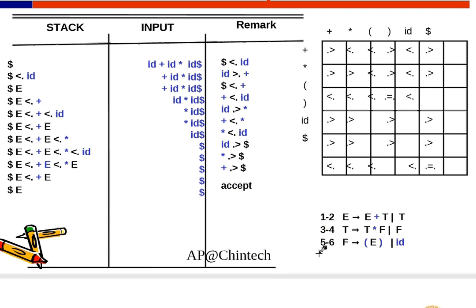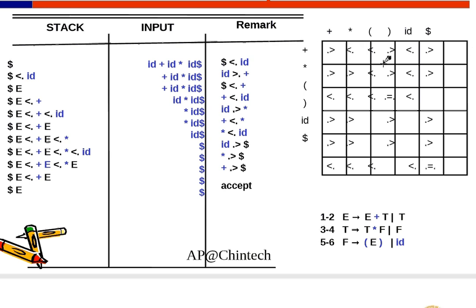Okay, so here you have a stack, input, and for reference purpose we have the precedence relation table. The alignment is not proper, so you can refer to it accordingly.